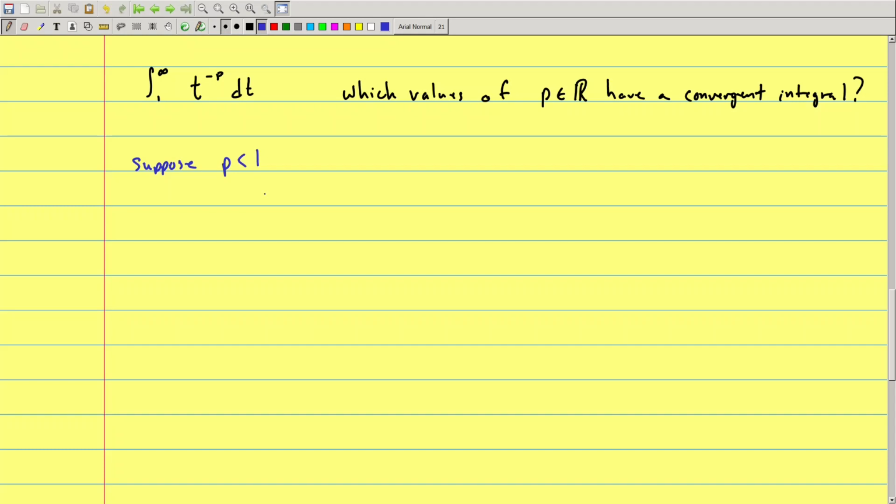Let's suppose that p is less than 1. Okay? If p is less than 1, negative p is greater than 1, right? If negative p is greater than 1, then that means that I'm taking t to some power greater than 1.